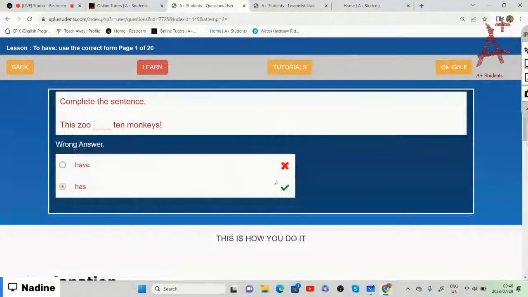Even when we were going through the tutorial, some of the questions were extremely tricky. If you get something incorrect, you go to where you find the right answer, copy the link, send it to us, and you will get 100 bonus points. So this zoo has the monkeys.